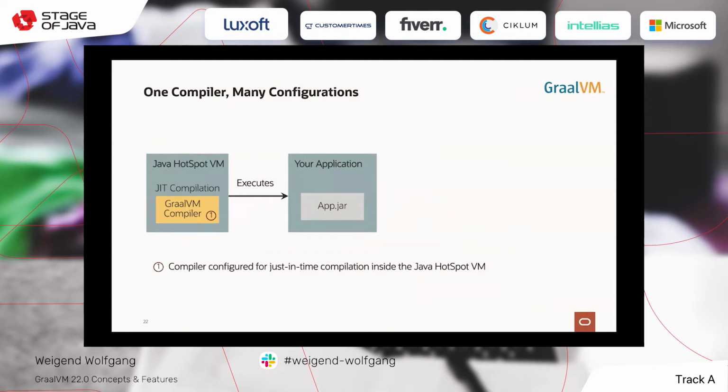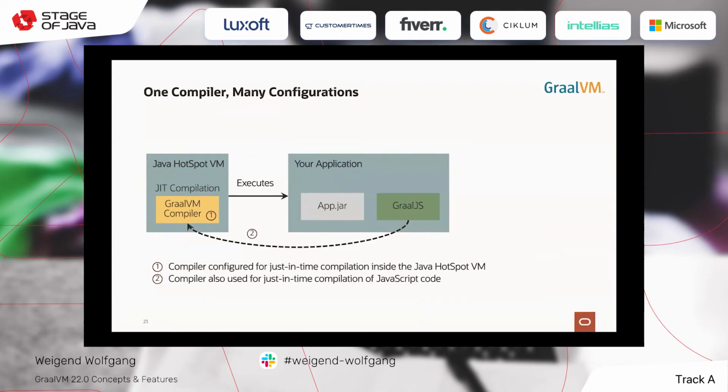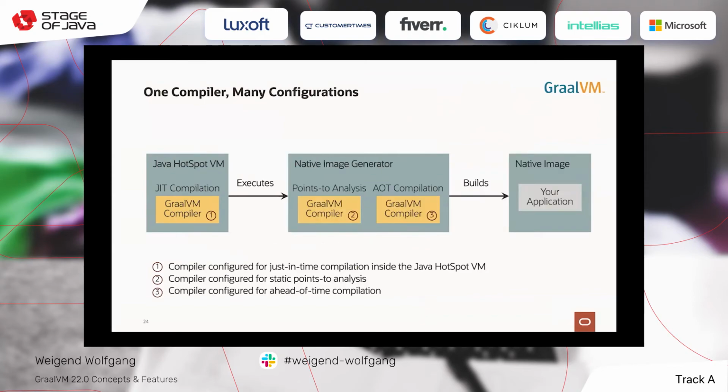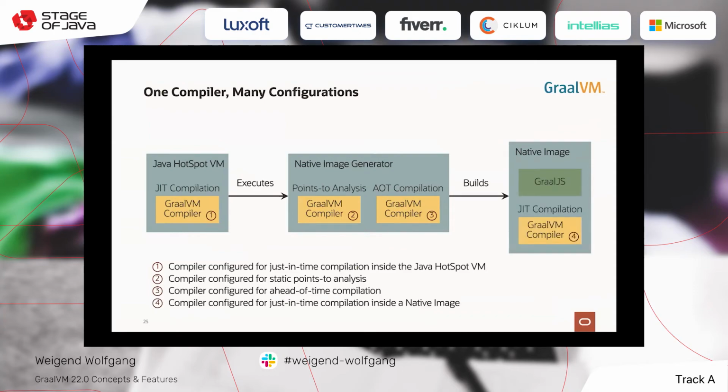This means the compiler has many configurations looking into the application, a jar application, and a JavaScript part, as I mentioned earlier. And this needs to be observed, and the analysis needs to run over this in a points-to analysis, and then the ahead-of-time compilation builds the native image with your dedicated application.